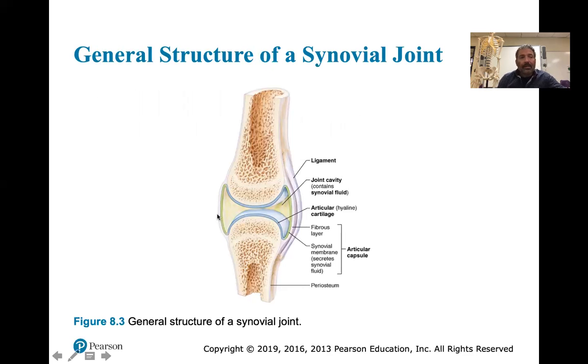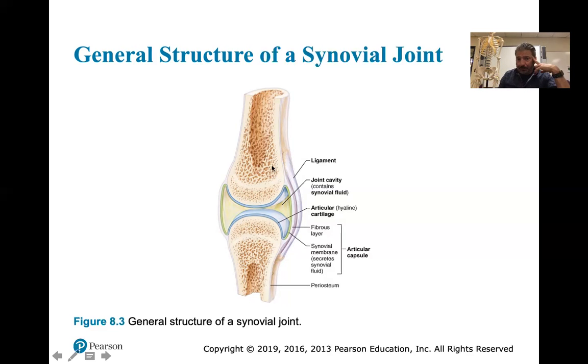So this would be, I guess, this view here, without all the tendons and things around it. It's basically the same thing. So this would be the capsule around this joint here. And there's that ligament.